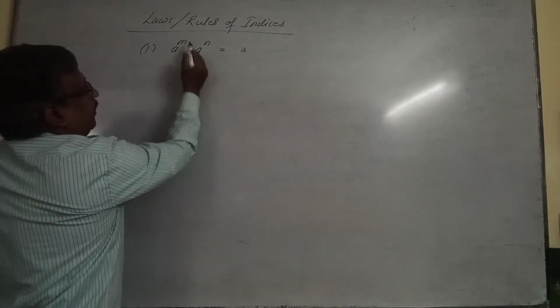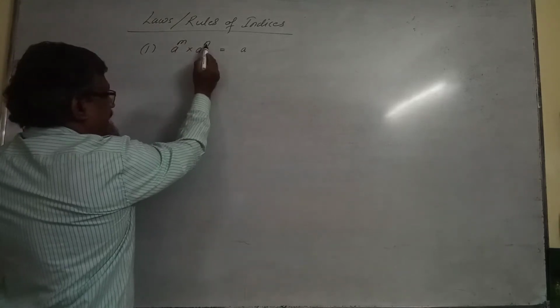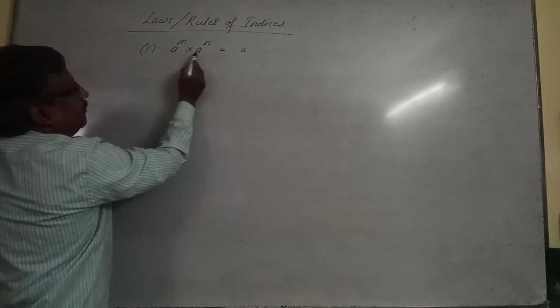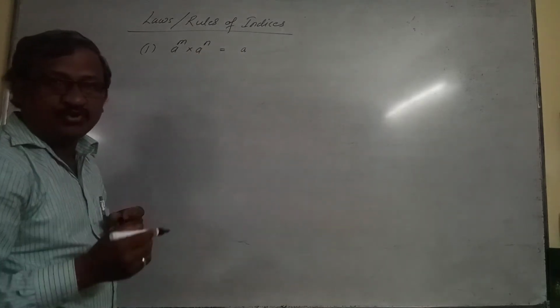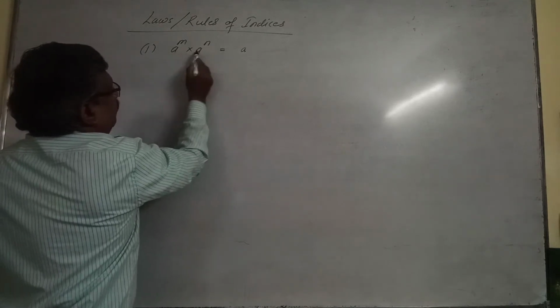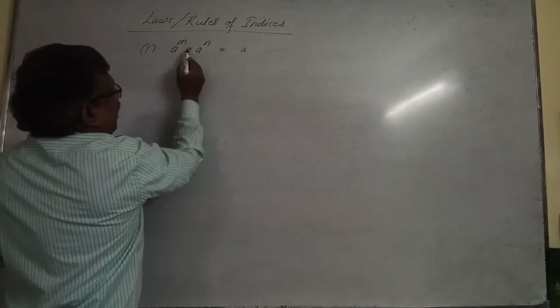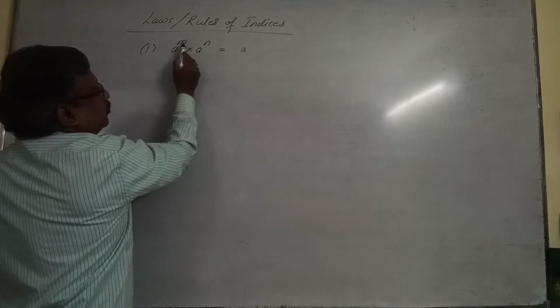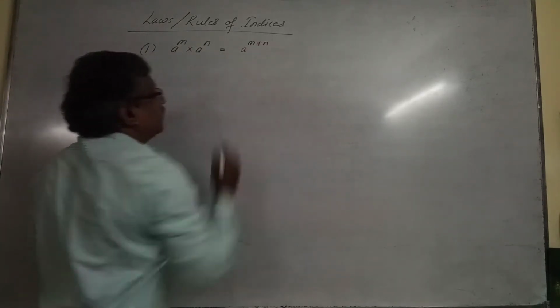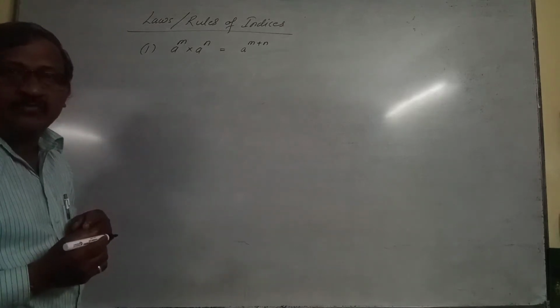If there is a multiplication, so index is always added, right? So write the common base, it is a. So when can we add the power? When the base is same. The base has to be same, right? To simplify the index. So your common base is a, write that common base, and we are multiplying. As we are multiplying, this index we have to add. So it is written as m plus n. This is my first rule.